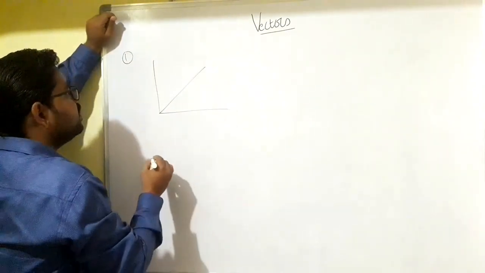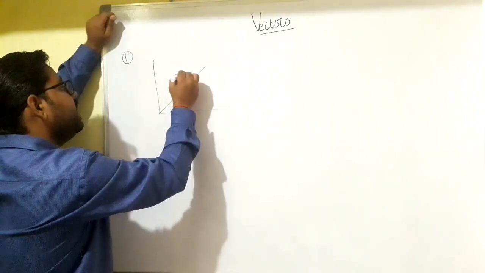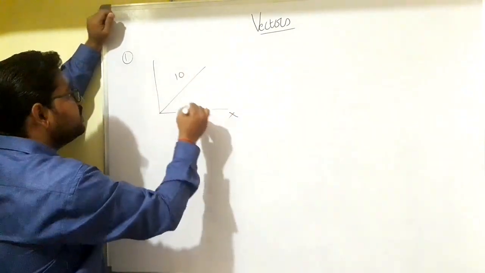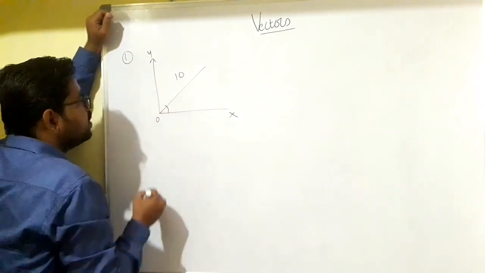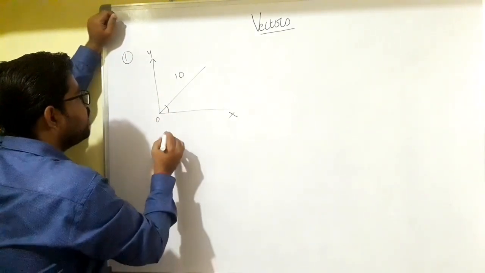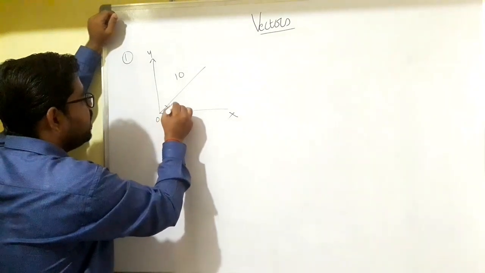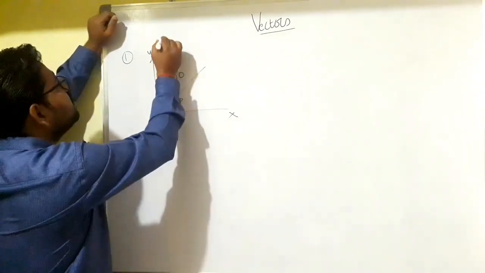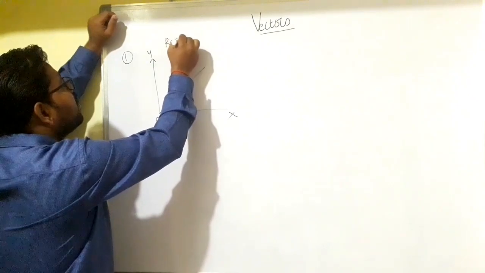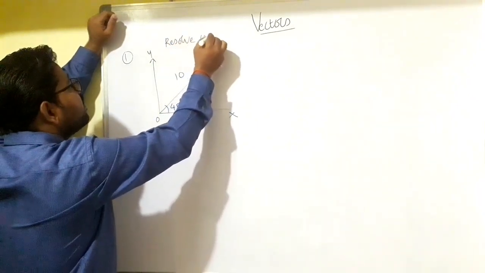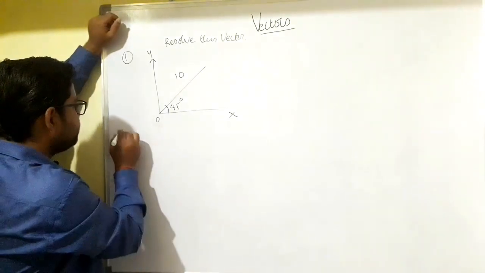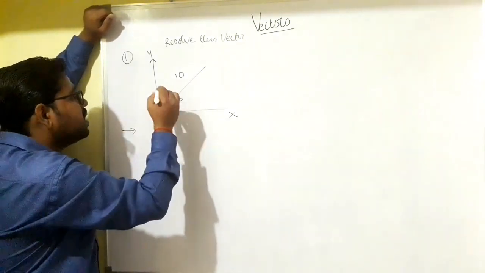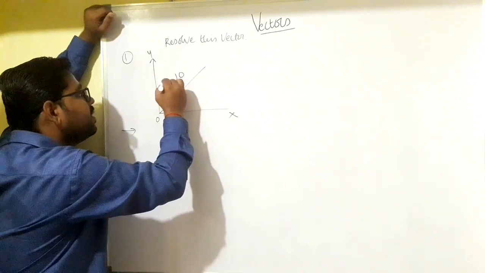Let me write its magnitude as 10 units, with the x-axis, y-axis and origin, and it is making an angle of, let me write it as, 45 degrees. The question is, resolve this vector. How will you resolve this thing? Answer. So let's call this 10 as a vector.